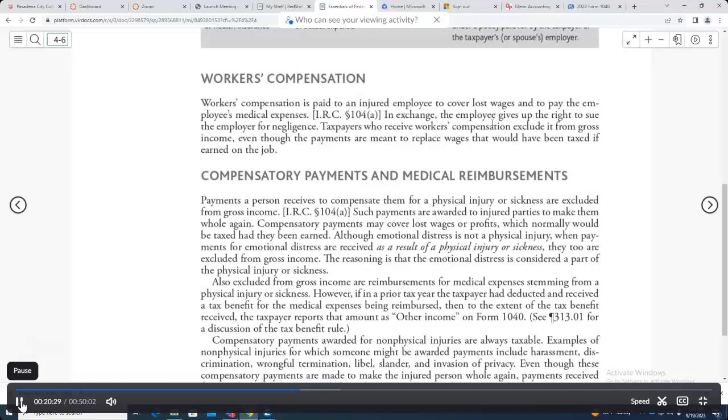Taxpayers who receive workers' compensation exclude it from gross income, even though the payments are meant to replace the wages that they lost. Make sense? So whatever you get from your workers' compensation, God bless America, you don't pay taxes on it, because your employer bought that insurance to cover himself from lawsuit.